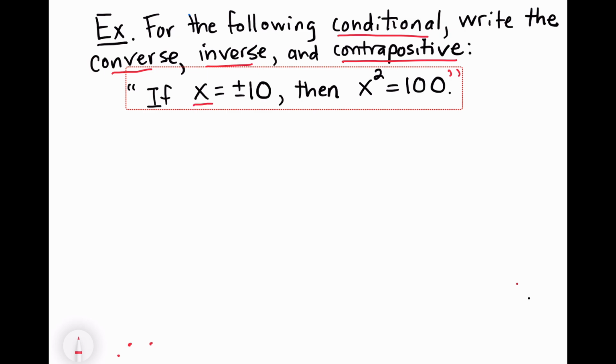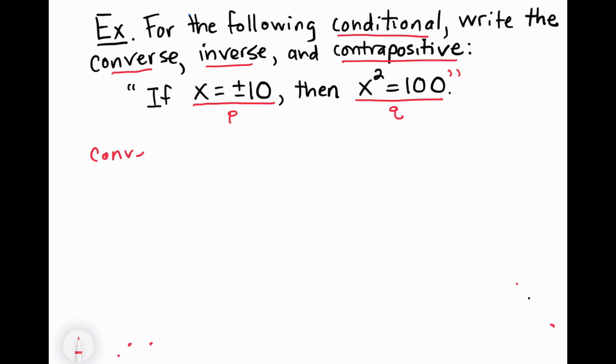So in this case, I'm going to say this is my statement P and this is my statement Q. In this case, the converse would be if I just flip Q and P around, so that would be if x squared is equal to 100, then x is equal to positive or negative 10.